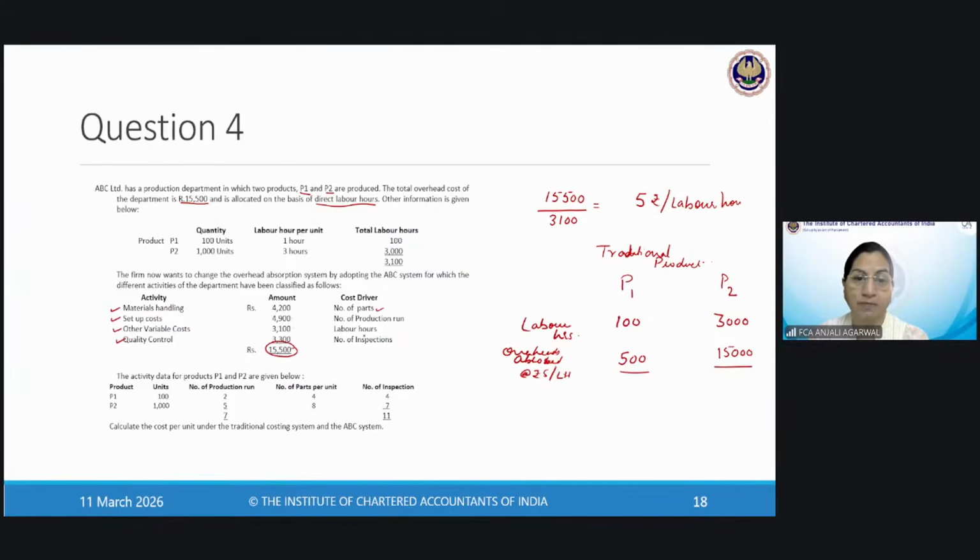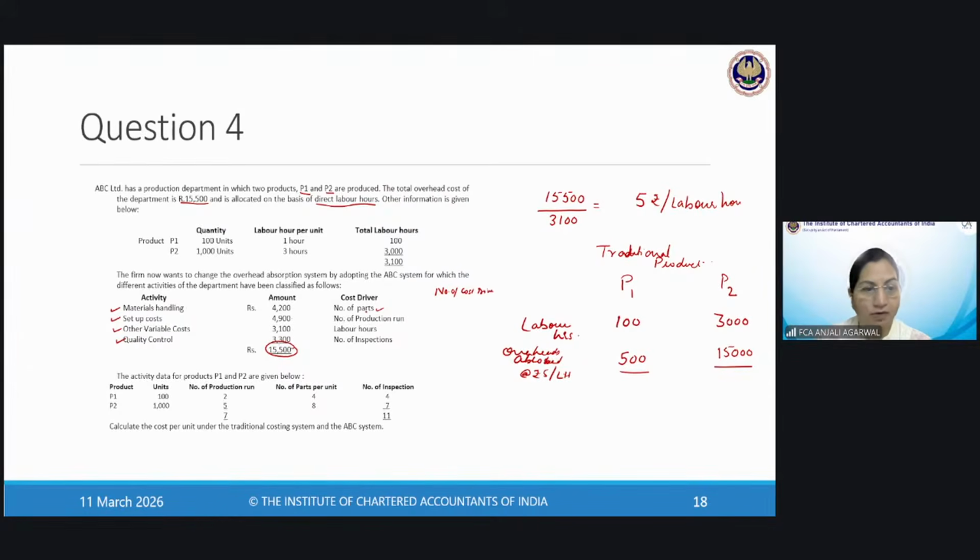Variable cost is dependent upon labor hours, whereas quality control depends upon how many times inspection was done. So like I said, we prepare a table where we write what is the activity, what is the total cost of the activity, what is the cost driver on which the activity cost is incurred, and then we prepare one more column, how many times the cost driver was used.